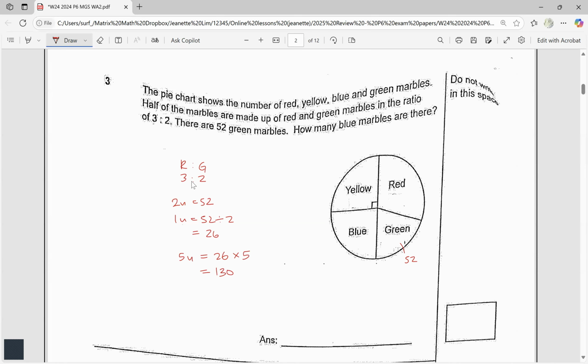Yellow and blue will make up half of the whole circle, which means that if yellow is 1/4, then blue has to be 1/4 as well. So I'll just halve the 130, which is 65. So 130 is red and green, which is the same as yellow and blue. Then you halve that to get just blue.